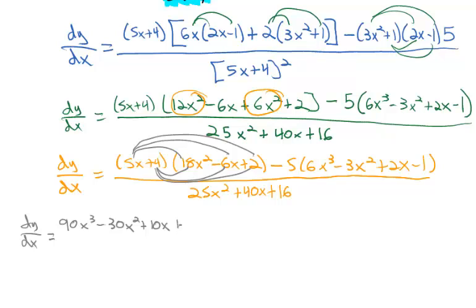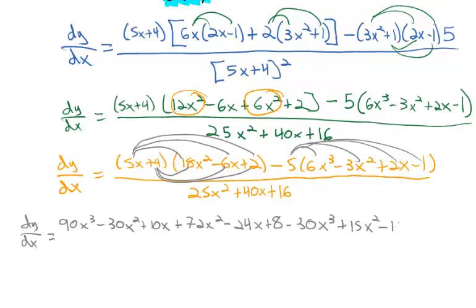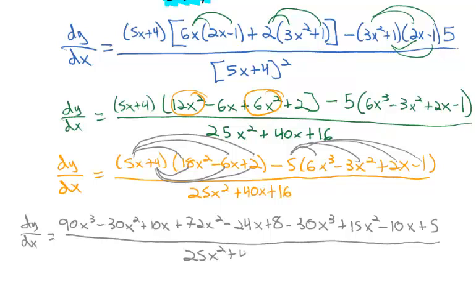Distributing the 4 through, we get 4 times 18 is 72x squared minus 24x plus 8. Distribute the negative 5 through, we get negative 30x cubed plus 15x squared minus 10x plus 5 all over that denominator of 25x squared plus 40x plus 16.